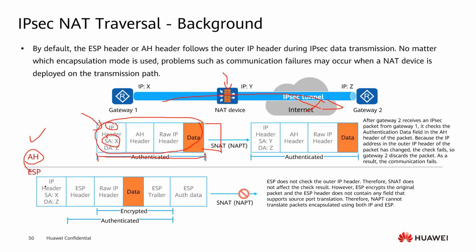Another one is ESP. ESP will only do the authentication in the ESP header, and the outer header, ESP will not authenticate. So ESP is okay, it has the potential to do the NAT traversal for IPsec, but ESP also has its problem.